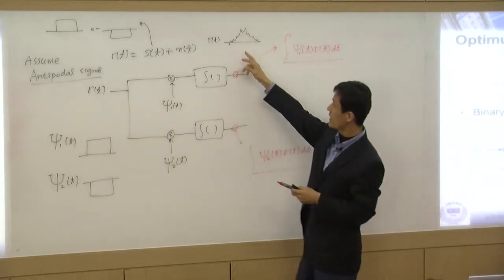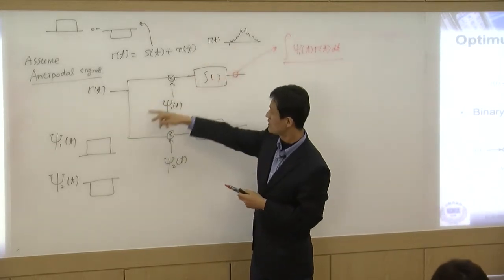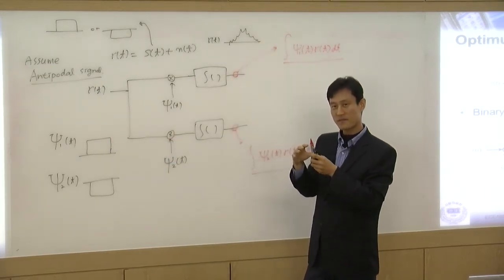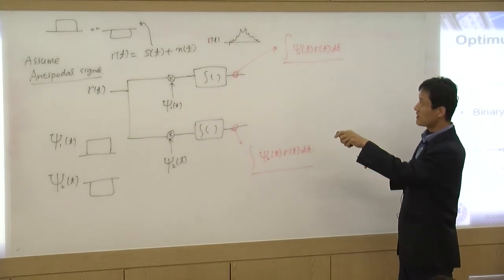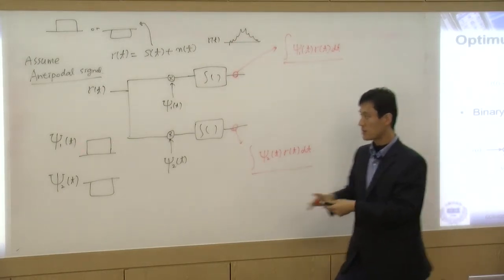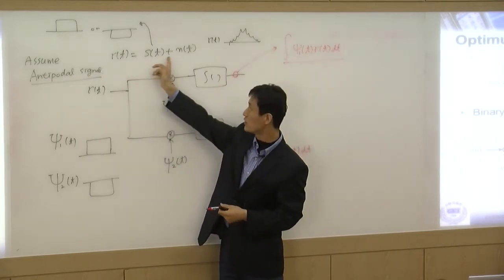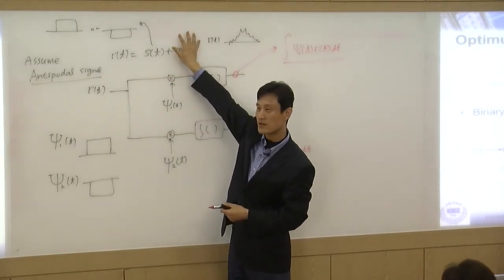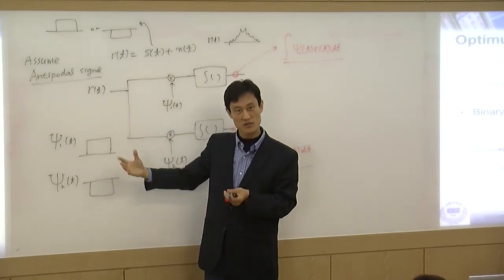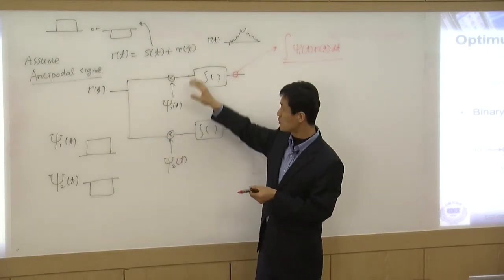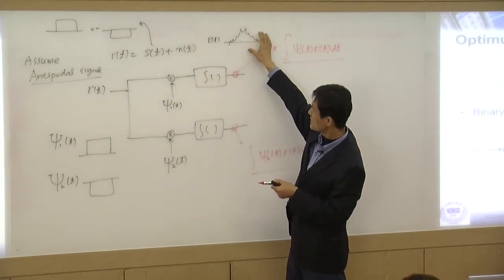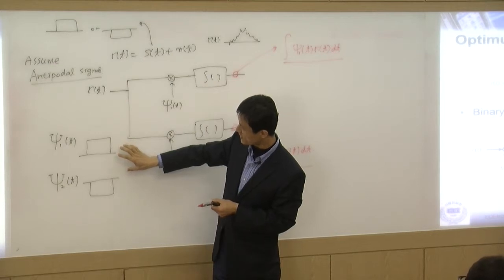If we have a high correlation between these two, let's say this signal looks almost the same. If r(t) looks almost the same as this one, this is a perfect signal. If there's no noise, then we're going to receive this or this, right? But since we have a noisy signal, it still looks almost like one of these.